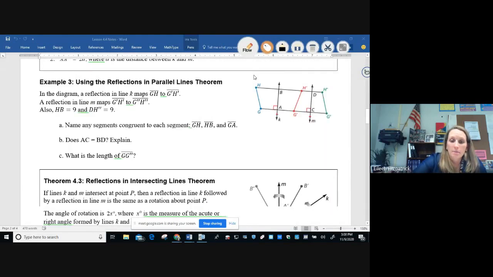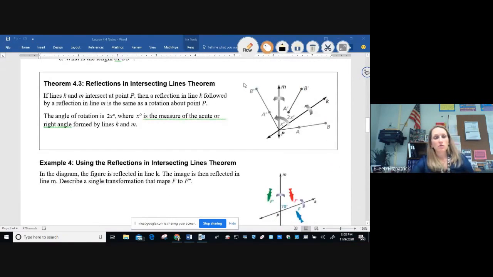Okay. The next theorem says a reflection in intersecting lines. If lines K and M intersect at point P, then a reflection in line K followed by a reflection in line M is the same as a rotation about point P. It's kind of similar to what we did above, except now we have intersecting lines and reflections looking like a rotation.